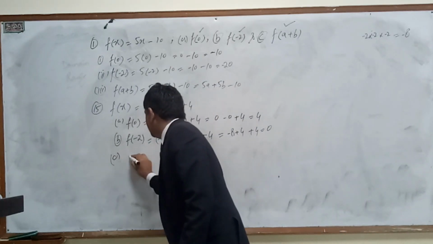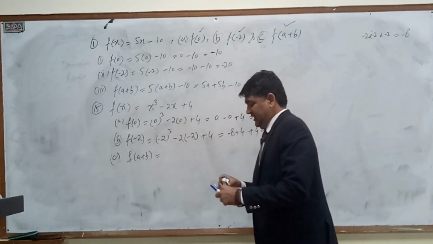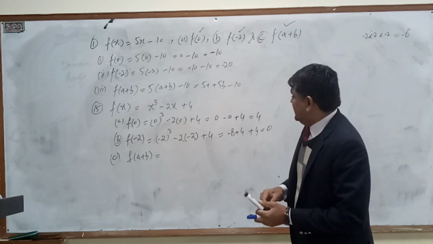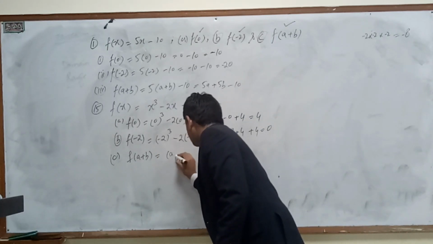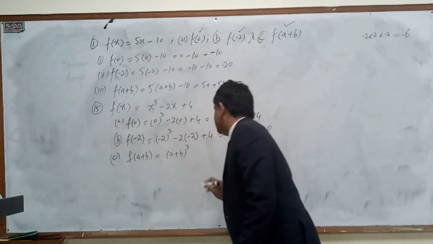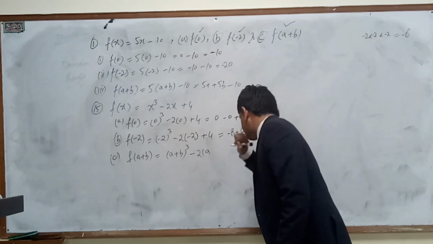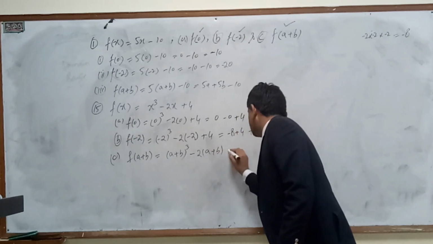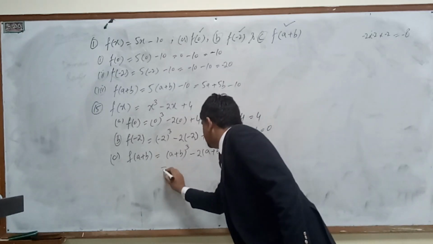What is part C? f of a plus b. Here we have to place the value of x as a plus b: a plus b raised to power 3, minus 2 into a plus b, plus 4. We can simplify this.